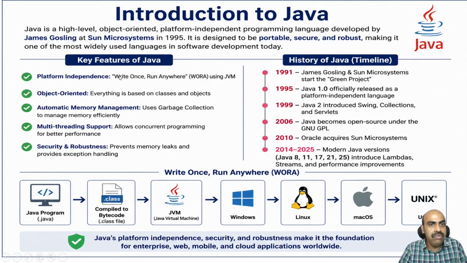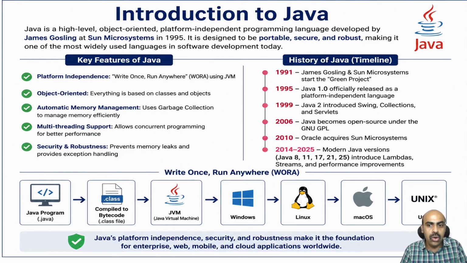Now, what are the key features of Java? Basically, it is platform independent. What does that mean? Write once, run anywhere. For example, you write your code in your Windows operating system and compile that code using an IDE. You can take that compiled code and put it in the Linux operating system, and it will execute.